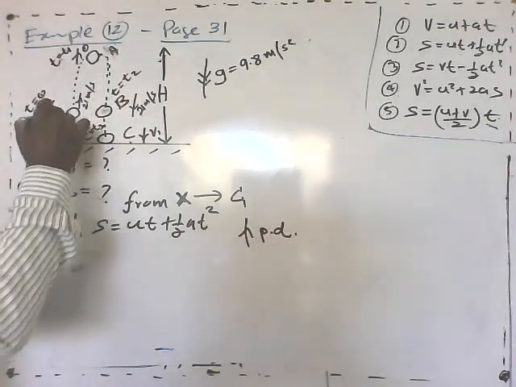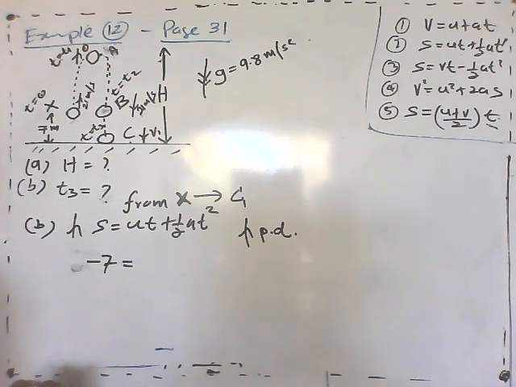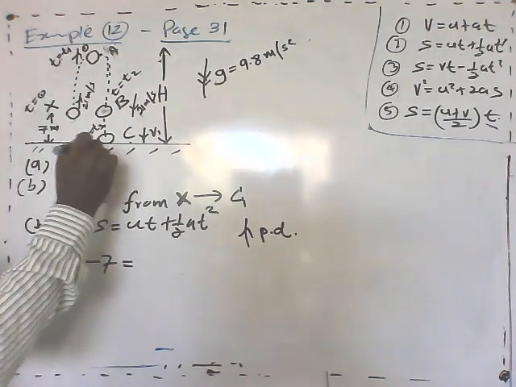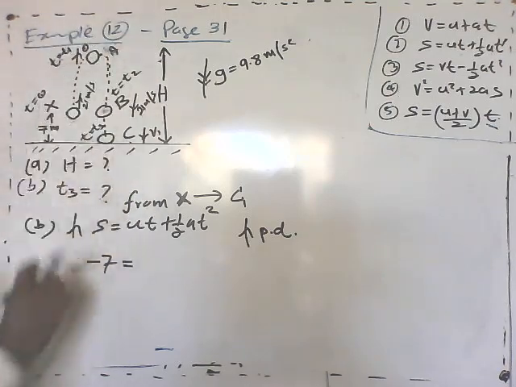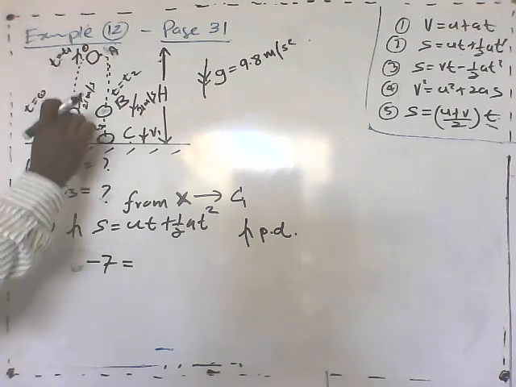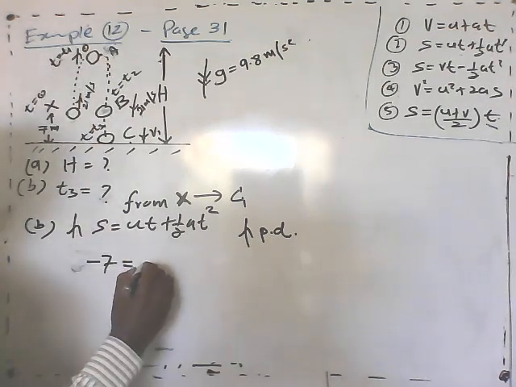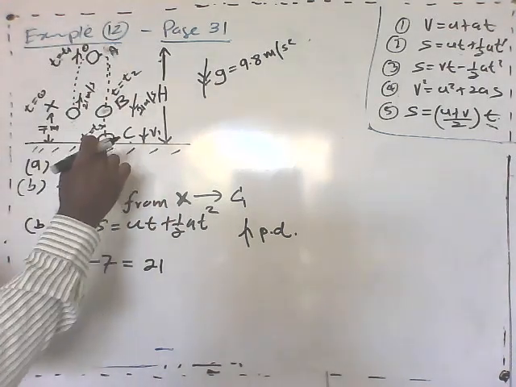X to C, actually, the displacement is minus 7. This is the start, this is the end, and positive direction is up, so he has gone down, minus 7. Initial velocity is in the positive direction, so that is 21. And from X to C, how long did he take?